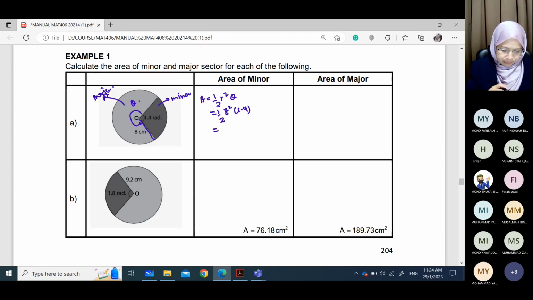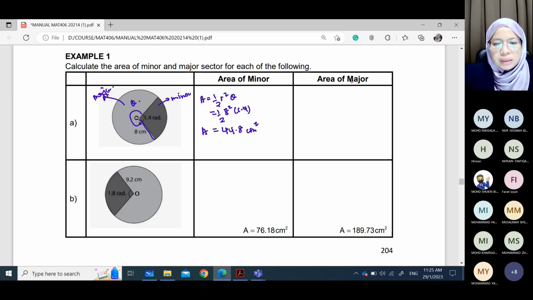So yang ni the area is 44.8 cm squared. Okay, so kalau area unit dia adalah cm squared, cm kuasa 2. Kalau length biasa, jarak tu cm saja. Kalau isi padu, cm power of 3.